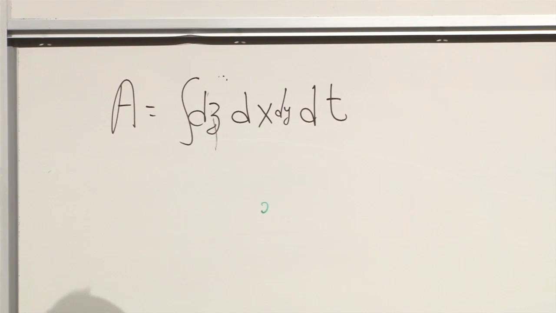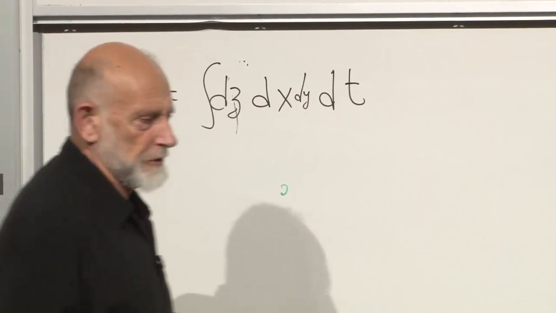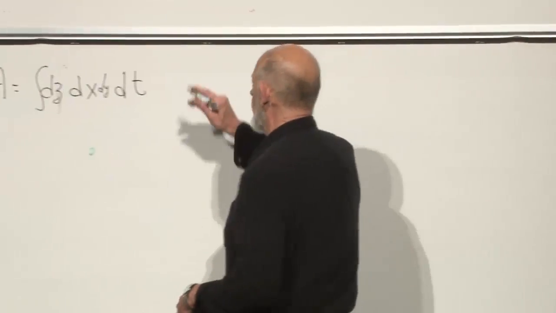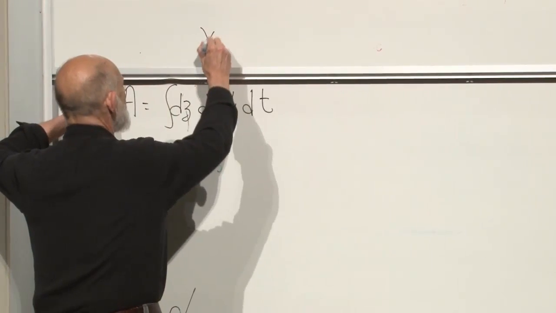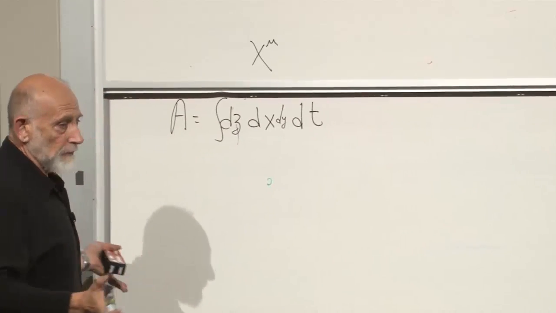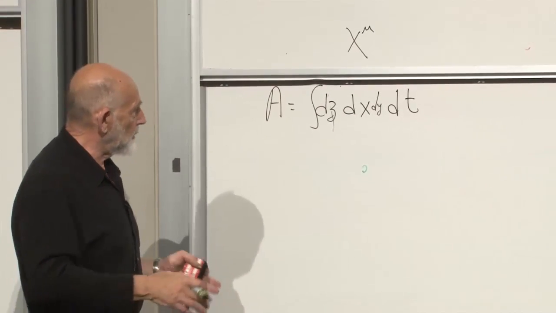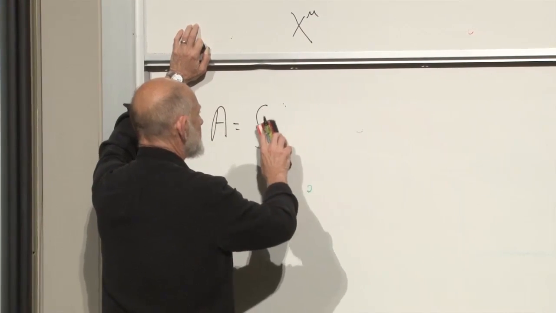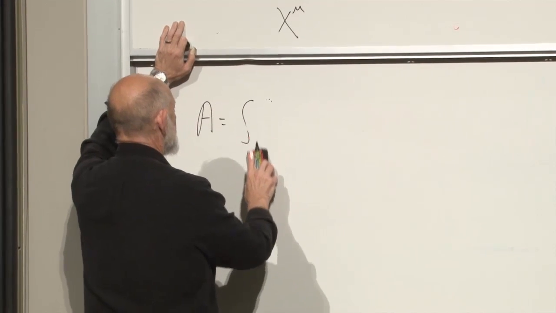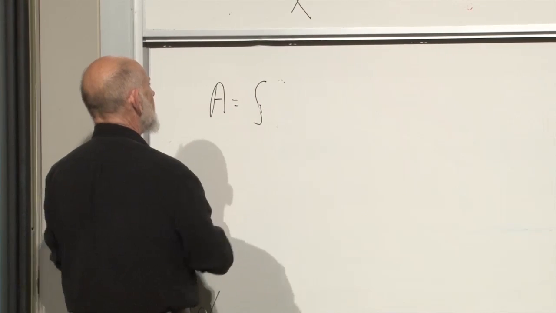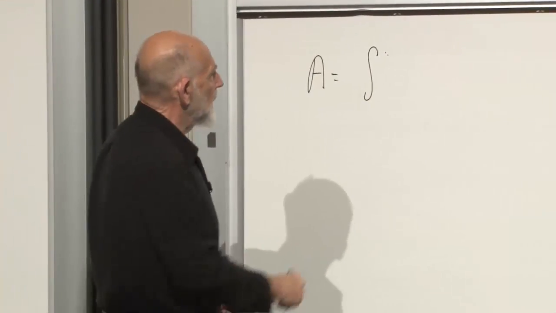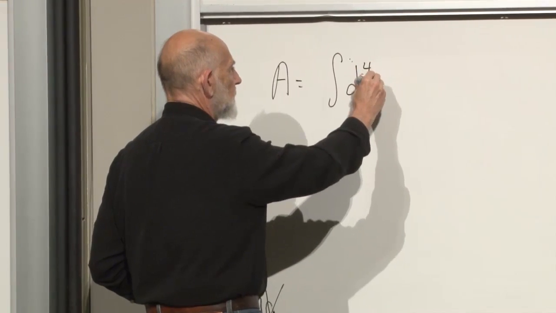But in relativity, we've learned to think of the four coordinates on a common footing as being all parts of space-time, and just give them a name. All four coordinates, call them x mu, where mu runs over four values, time and the three components of space. It's standard to write the integral over all four coordinates of space-time as just the integral d4x.